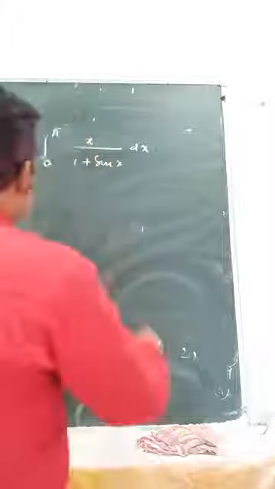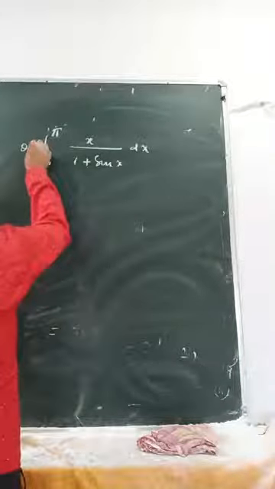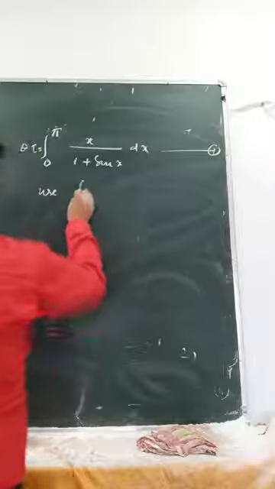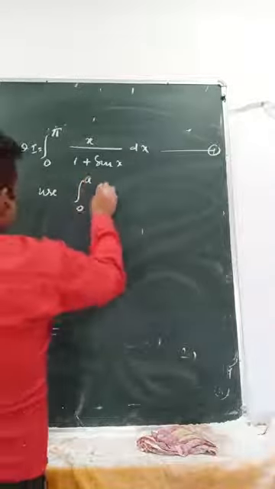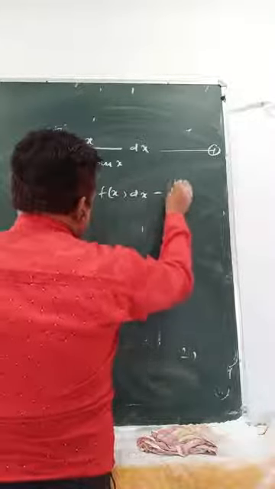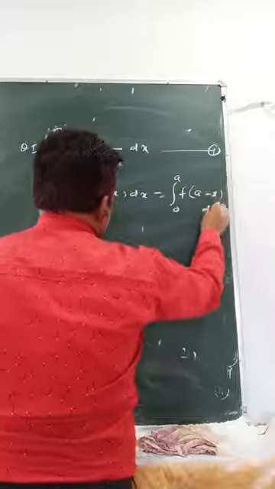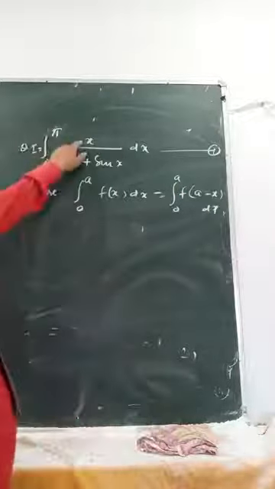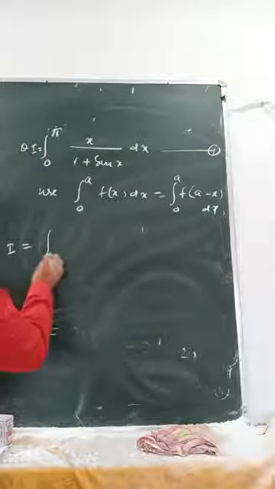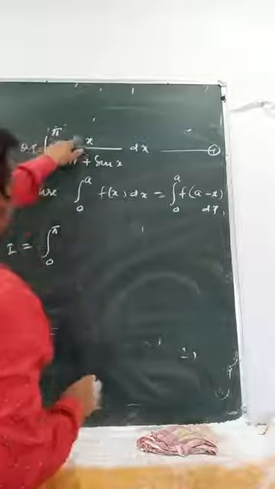So use the property: integral 0 to a of f(x) dx equals integral 0 to a of f(a minus x) dx. So look at this question very carefully. I have to cancel this x. So I equals integral 0 to pi, x becomes pi minus x.